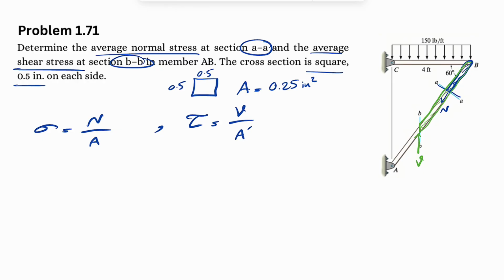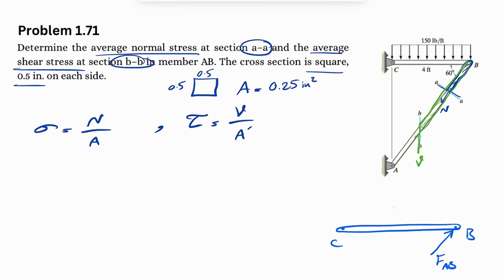So from the free body diagram of member BC, with C being here, we can figure out that member AB is a two force member, which means the force will be along this line. Let's call this one FAB.